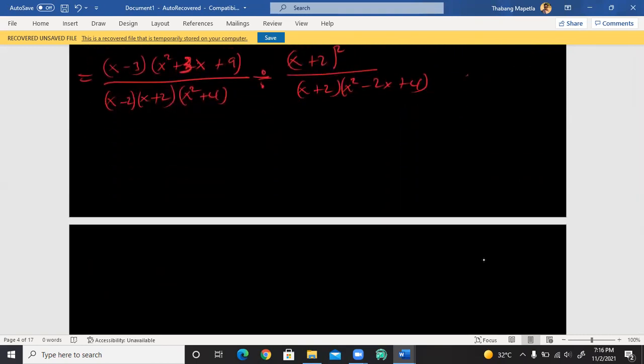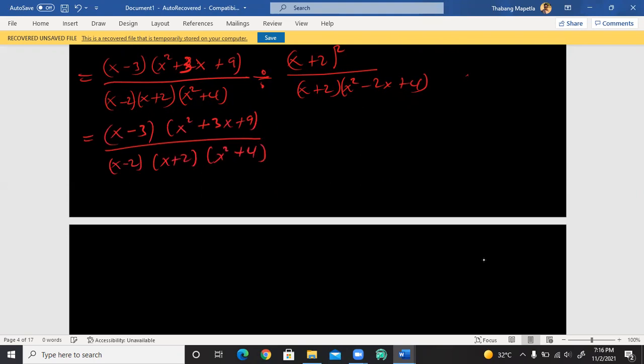Therefore, we are going to have x minus 2 times x squared plus 2x plus 4 over x minus 2, x plus 2, and x squared plus 4, times, remember we flip the last fraction and multiply, but this portion goes up, which is going to be x plus 2 times x squared minus 2x plus 4 all over x plus 2 squared.